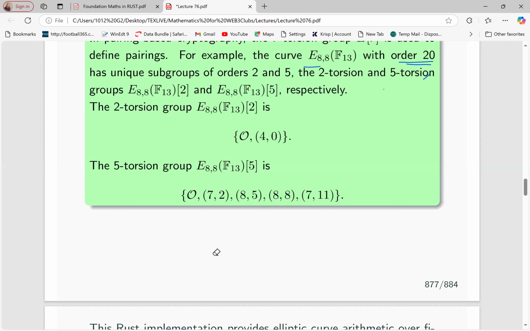So I'm taking, for instance, (7, 2), multiplying by 5, and I want to see whether it gives me the identity. It's a different code, for scalar multiplication.